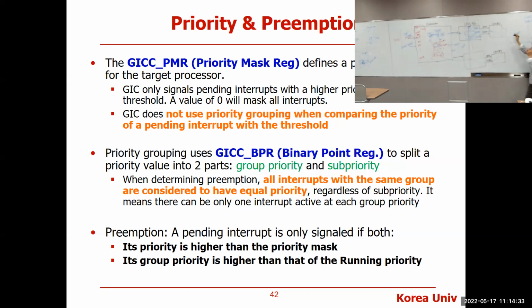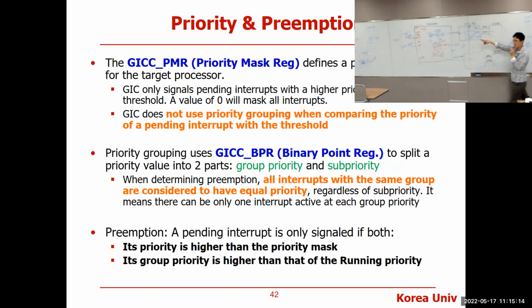That interrupt will be forwarded to the CPU interface, and the CPU interface will forward it to CPU 0 if the priority is higher than the threshold. Then the CPU will execute the interrupt service routine for UART. The CPU is in the middle of executing the UART handler, and while it is executing, assume that a timer interrupt is generated.